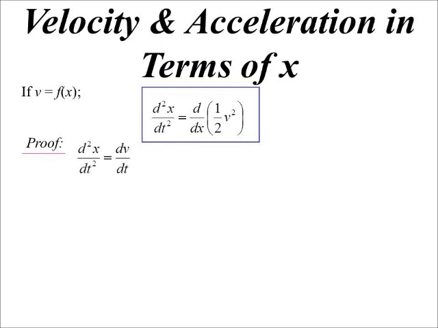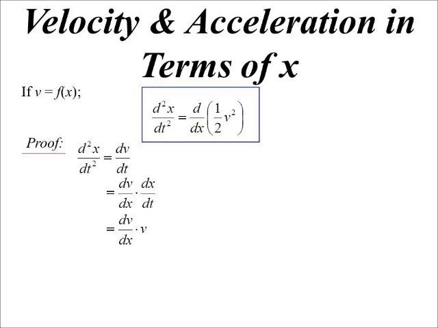Let's prove that. Acceleration is dv/dt, the derivative with respect to time. But I could rewrite dv/dt as dv/dx times dx/dt. Well, dx/dt is velocity, so now I've got dv/dx times the velocity.